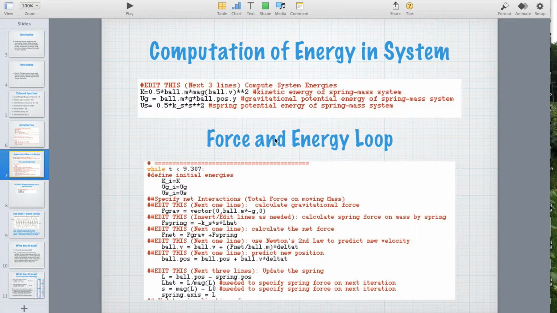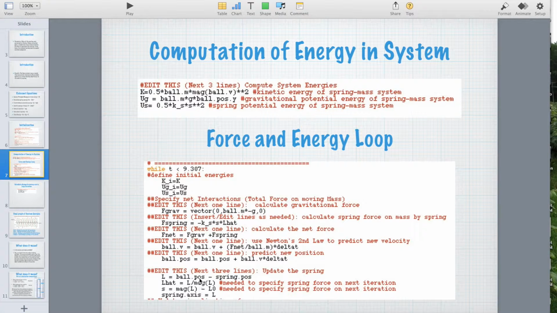Next, we have our computation of force and energy in the system. We start with force using the 3 equations for kinetic, gravitational potential, and spring potential that we saw earlier. Then, we enter a loop where the gravitational force, the spring force, and F-net are calculated in order to update the position of the ball and the velocity of the ball.